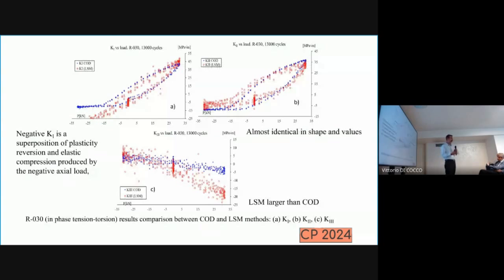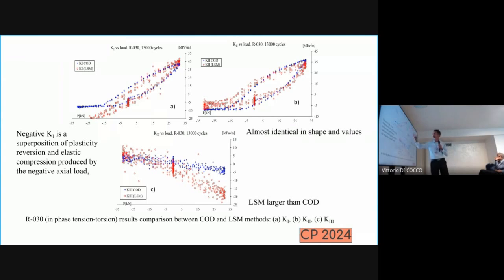Some results here. This is for the sample with in-phase tension and torsion. In all the graphics, the horizontal axis is the actual load, and the vertical axis is the sensitivity factor, with the same range for mode 1, mode 2, mode 3.